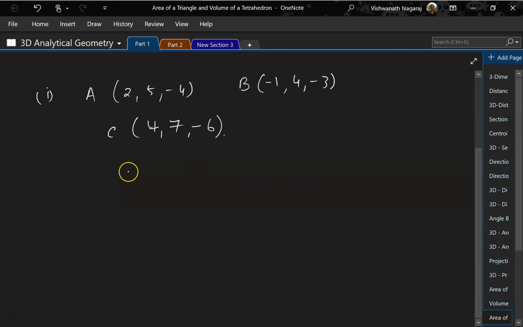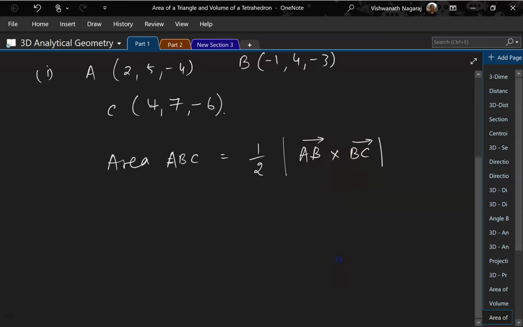Because we know that the area of a triangle ABC is equal to half of the magnitude of the cross product of any two sides. Let's say AB cross BC, right? This will give us the area.